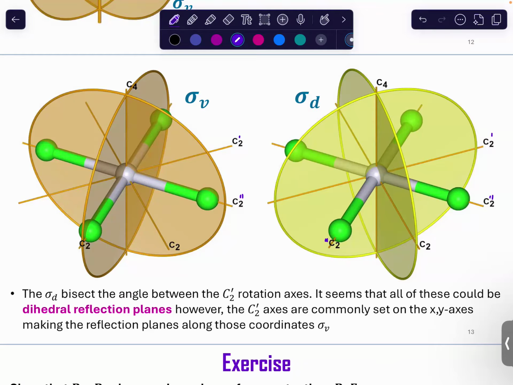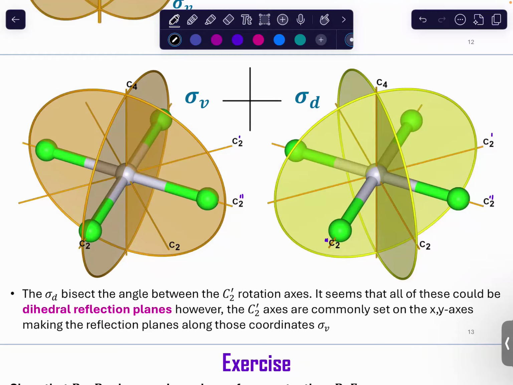As I said, the primes are commonly set on the XY axis, so that's another way you can tell. Your C2 primes will commonly be along your coordinates, and if your plane lies along those same coordinates, those are usually your V's and not your D's. Think of it in terms of an XY axis.